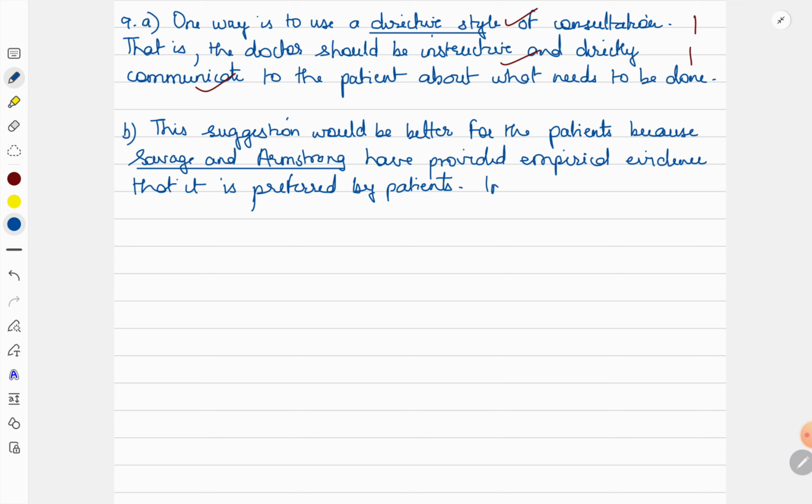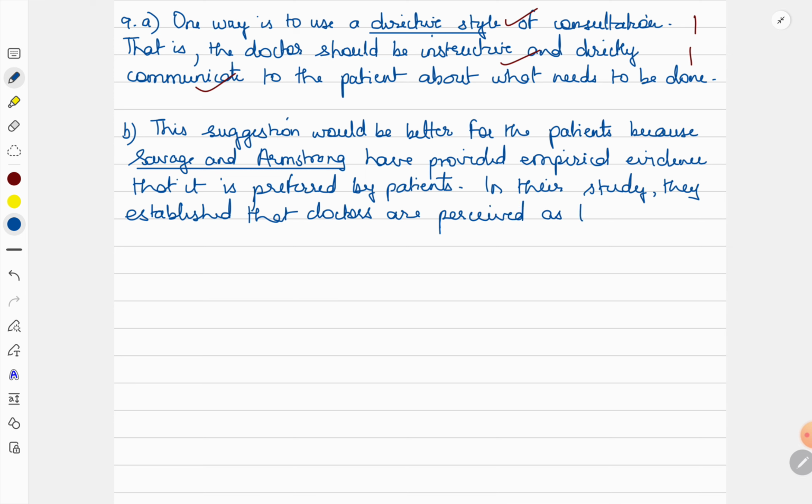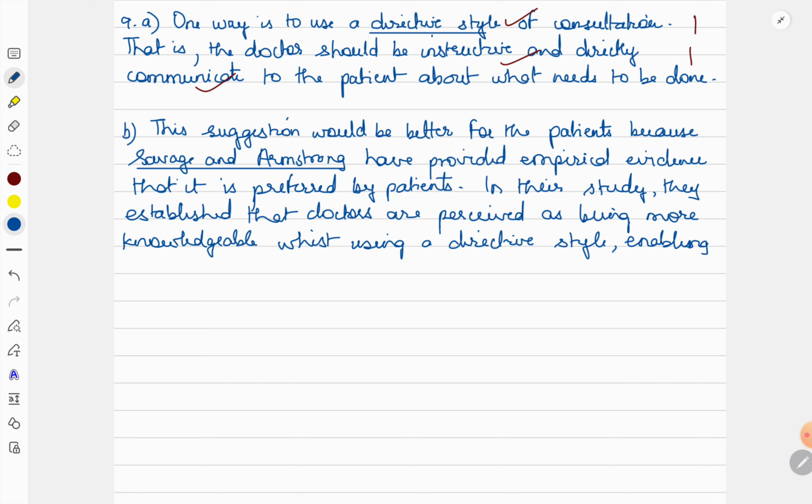In their study, they established that doctors are perceived as being more knowledgeable while using a directive style, enabling patients to receive their communication better.